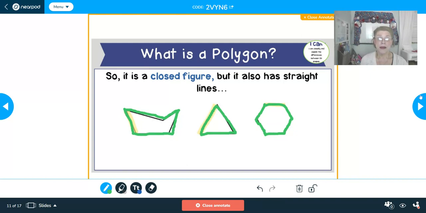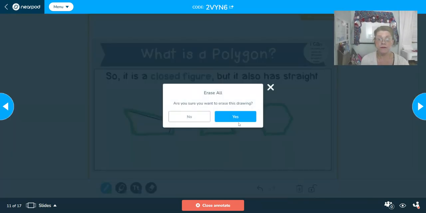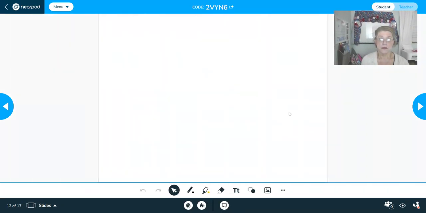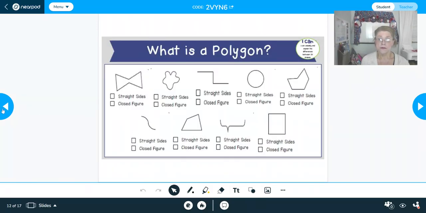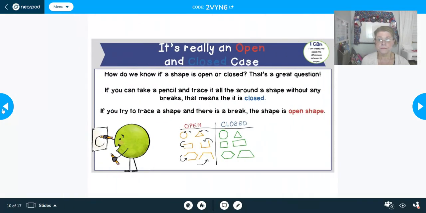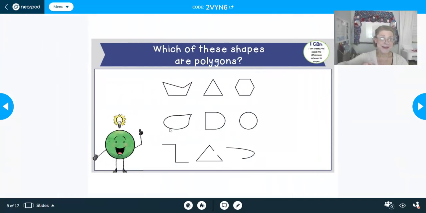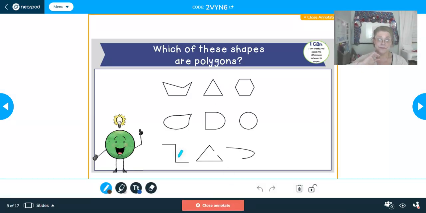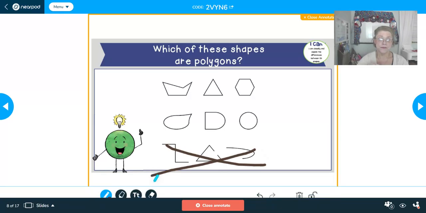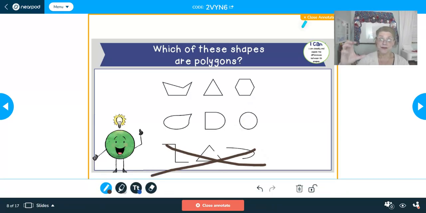But when we compare the first set to the second set, we have a circle.